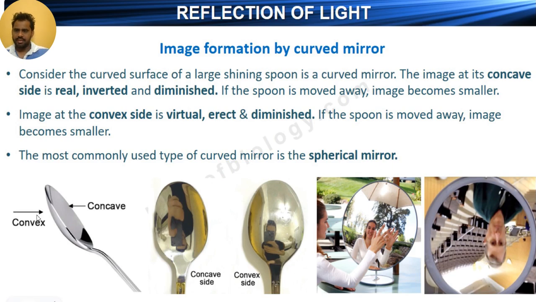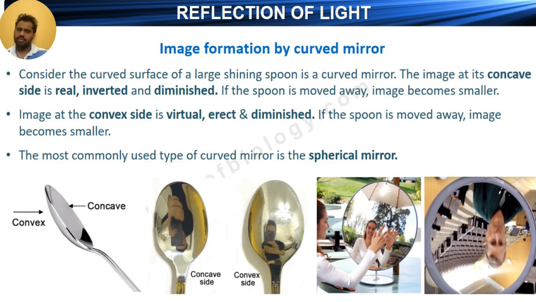So this is the concave side, this is the convex side. If the spoon is moved away, the image becomes smaller. The image at the convex side is virtual, erect, and diminished. If the spoon is moved away, the image becomes smaller.